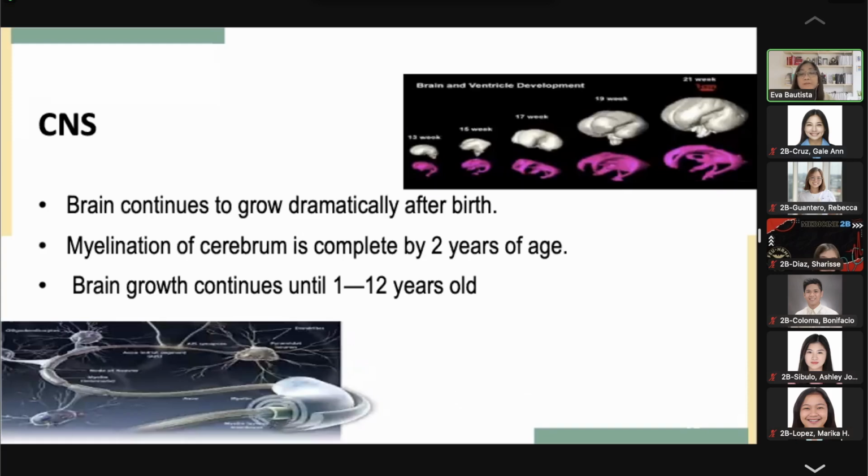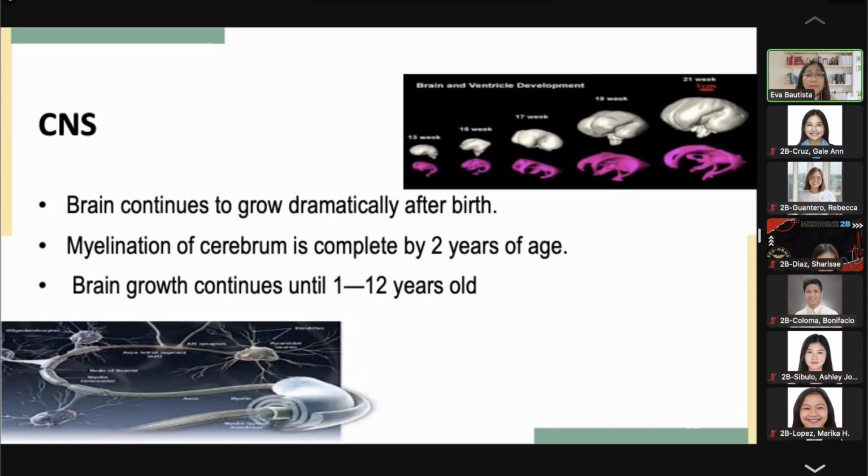So the brain and neural tissues grow completely during the early part of development, and they still continue to grow dramatically after birth during the first 2 years of life. Myelination of the anterior fontanelle and temporal lobes continues during the first year of life, and it is complete by 2 years of age.